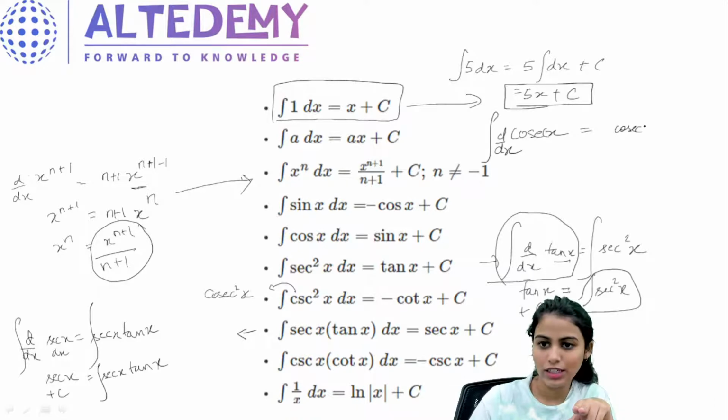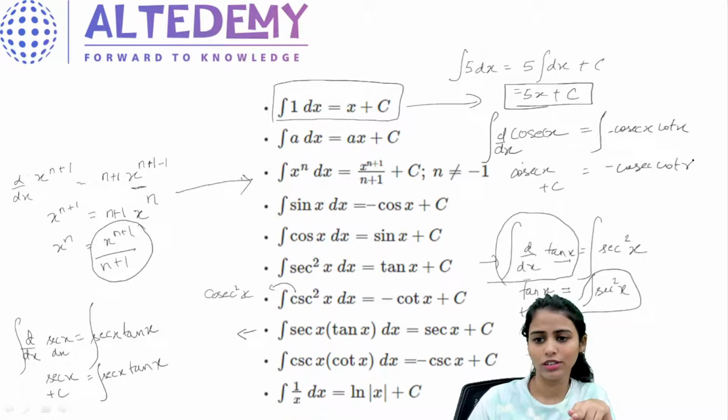Minus cosec x cot x. Now what we are doing is, we are integrating it, right? So what we get is the same thing. We just write here cosec x plus c is equal to minus cosec x cot x. Plus c can be anything.